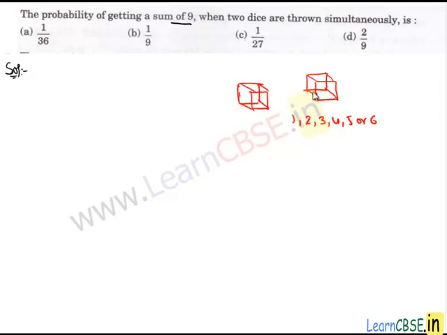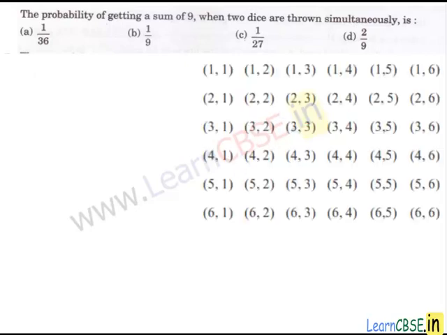Similarly, when 2 dice are thrown, we may either get 1, 2, 3, 4, 5 or 6 on upper face of each die. Here the total number of possible outcomes when 2 dice are thrown are tabulated.